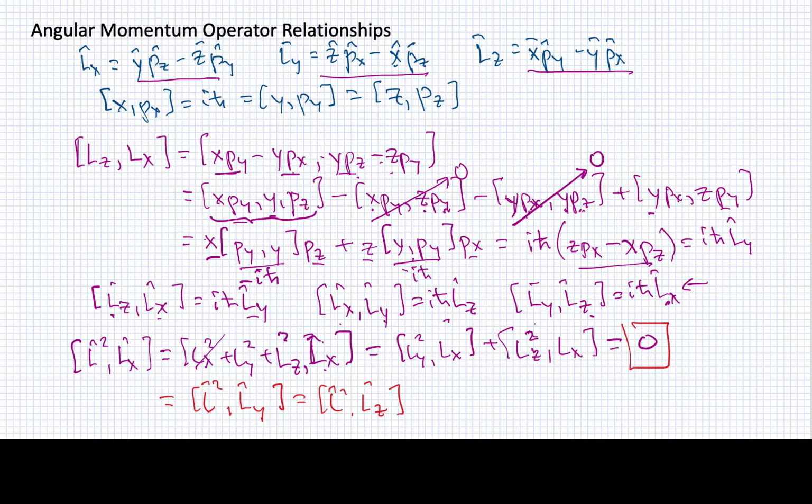So this may raise some questions. All of these things commute, that is to say their commutators give us 0, so doesn't that mean they all share the same eigenfunctions? Well, let me make a little bit of a summary here on the last slide.